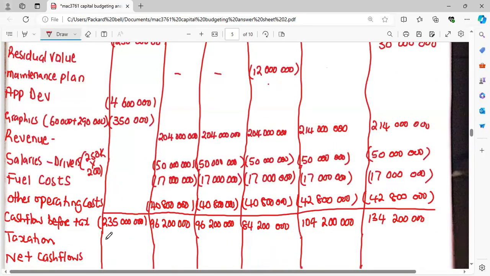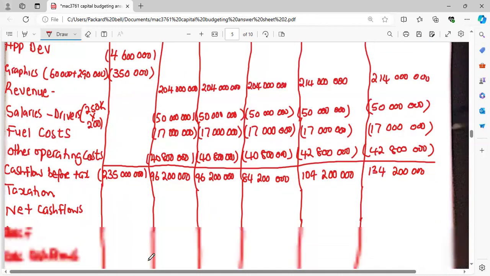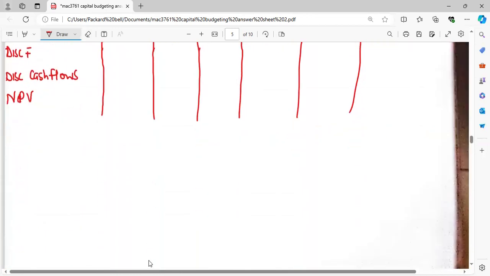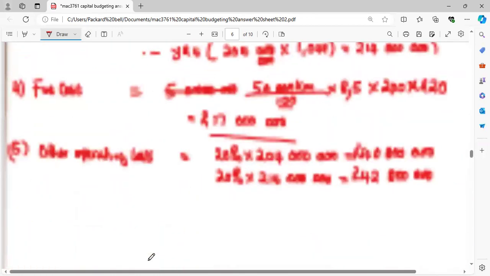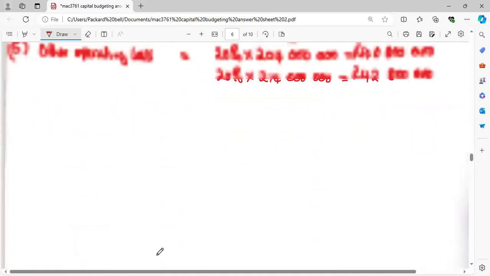So which means we need tax now. We need to do the calculation for taxation. Let's do the calculation for taxation.